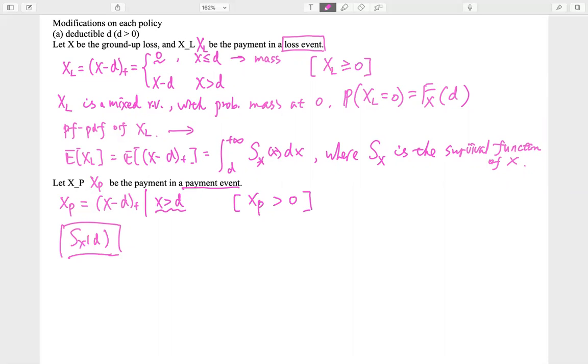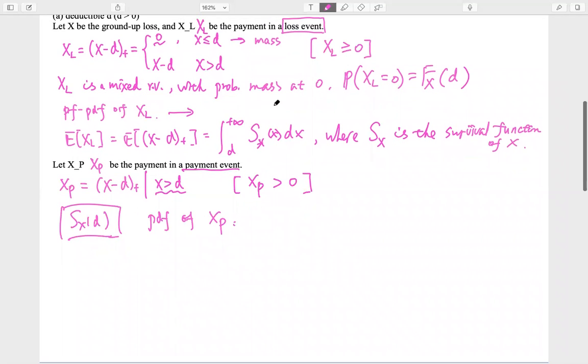For that, you need to derive the PDF of XP. Often this is a continuous random variable, because we don't have the discrete point; we exclude it. You need to know how to derive this PDF. You can apply whatever method you would like to use. I usually start with the definition, right?